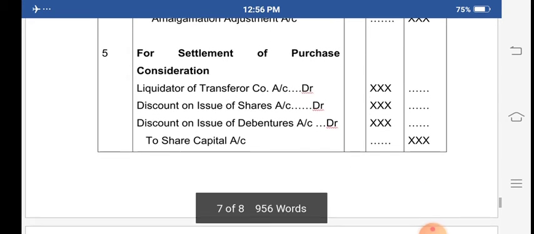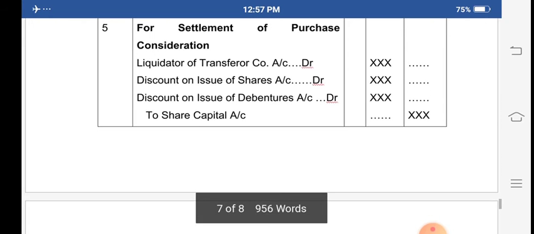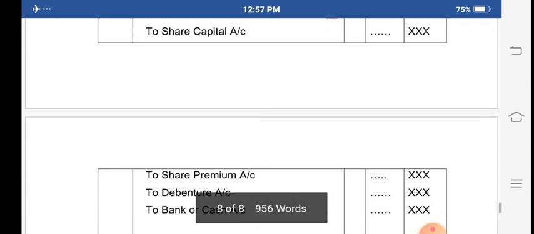Next, the fifth one, for settlement of purchase considerations. If there is any settlement between the transferor company and the transferee company, how to pass the journal entries for the purchase considerations: liquidators of transferor company account debit, discount on issue of shares account debit, discount on issue of debentures account debit, to share capital account credit.